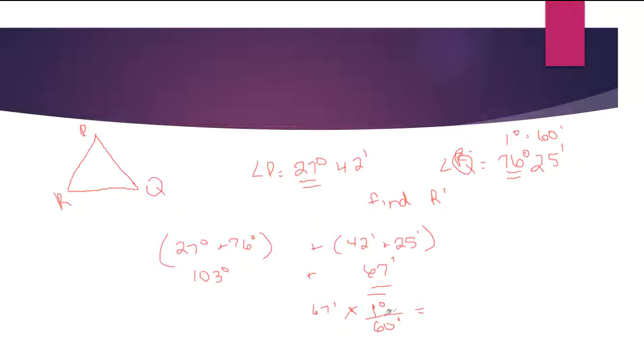So you divide those and you end up with 1 degree and then 7 minutes. Okay, so the total is going to be 104 degrees and 7 minutes.